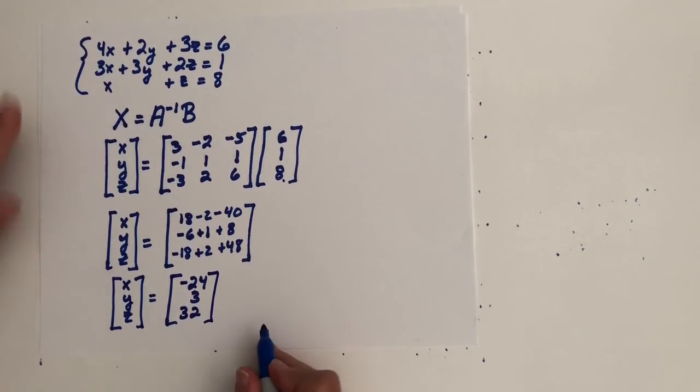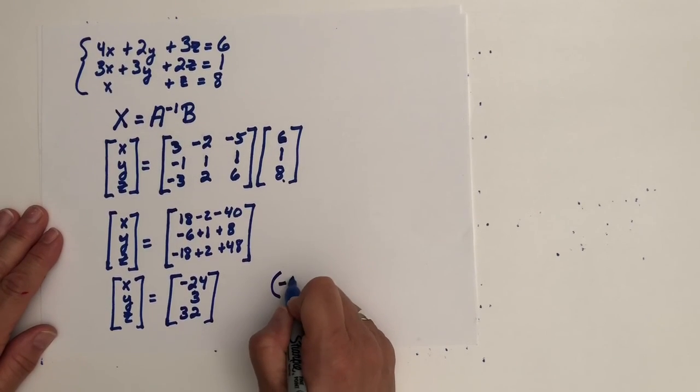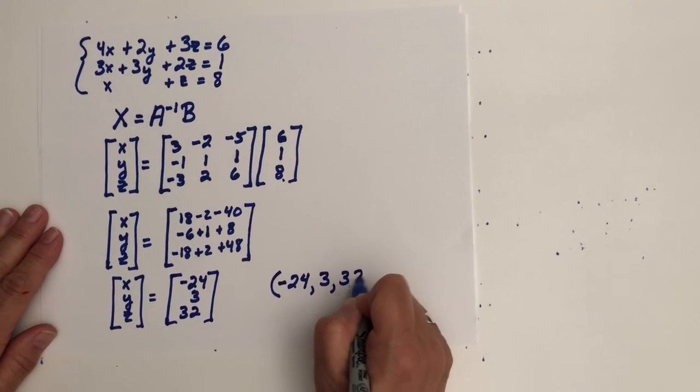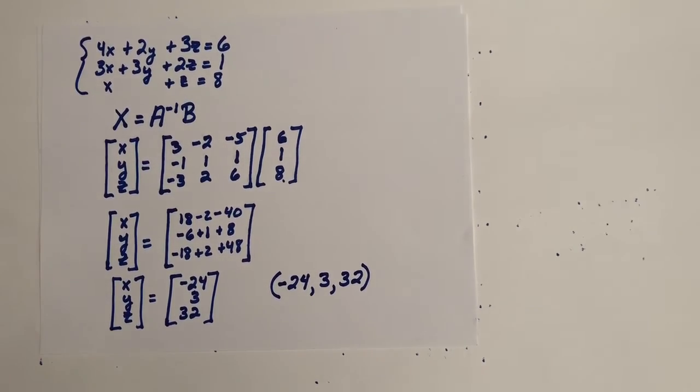So the solution to this system is the ordered triple, negative 24, 3, 32. And I hope you will practice finding the inverse of some matrices so that you can solve some systems.